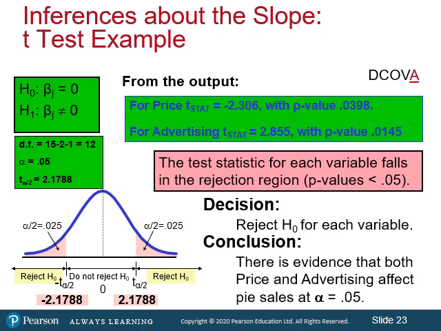Negative 2.306 is here, and positive 2.855 is here. So both are in the rejection region. Your conclusion will be to reject H null for both variables. There is evidence that both price and advertising affect pie sales at the 5% level. That's how you conclude.